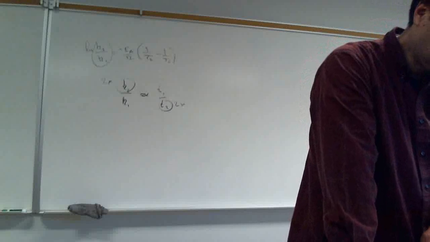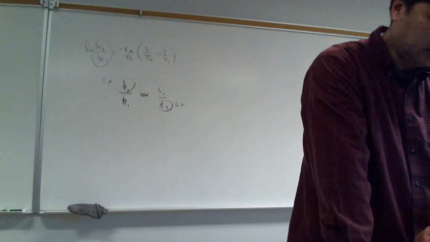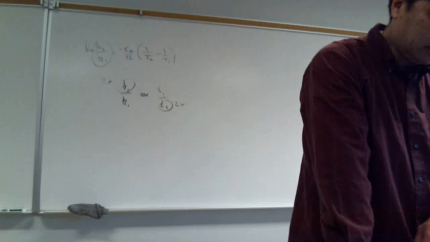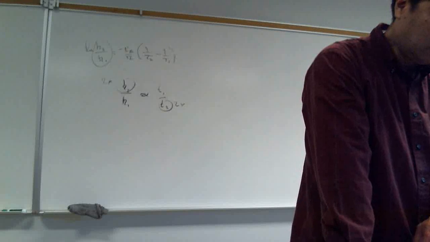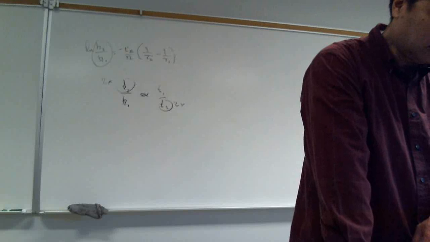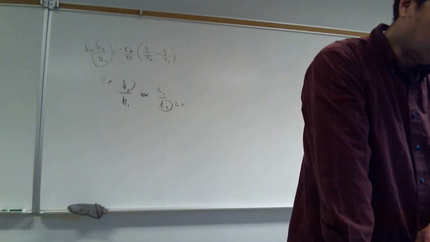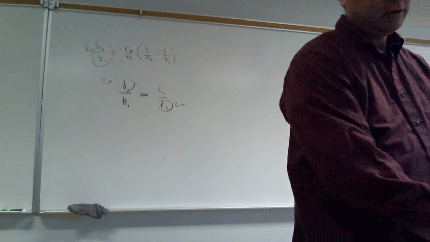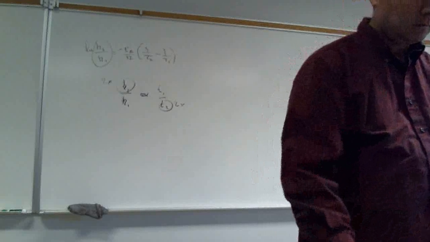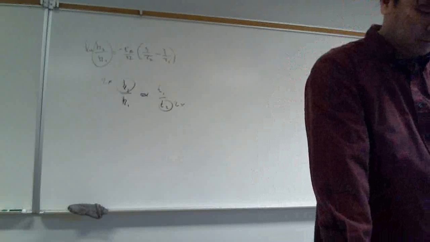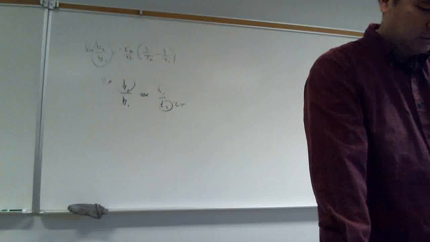Number 31 asks: what is the approximate rate of reaction at t equals 75 seconds for the zero order, first order, and second order reaction? The first one is first order, the second one is zero order, the third one is second order.